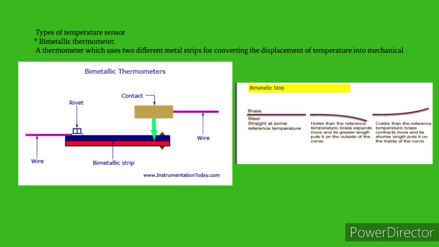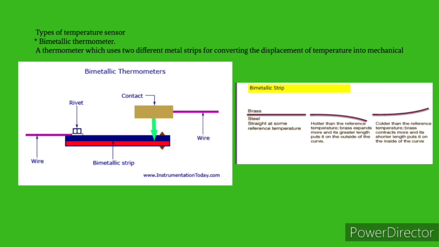When these bimetallic strips are subjected to any change in temperature, because these two metals have different thermal expansion coefficients, both metals contract and expand at different rates. Due to this difference in thermal expansion rate, there will be bending of the bimetallic strip. So this results in bending of the bimetallic strips with a change in temperature. This is how in industry they measure temperature using bimetallic strips.